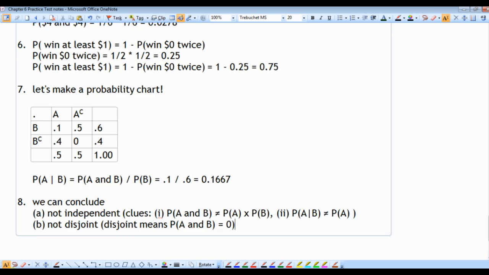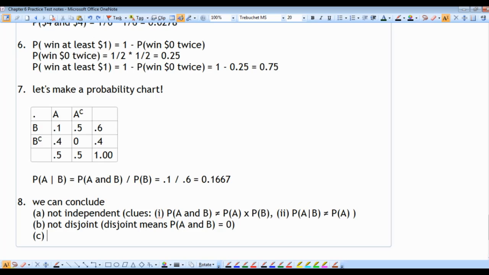I thought you said that if they're not independent, then they're disjoint. No, that's not always the case. But isn't A and B 0.1? Yeah, that's not exactly it. It has to be 0 for them to be disjoint. Okay.